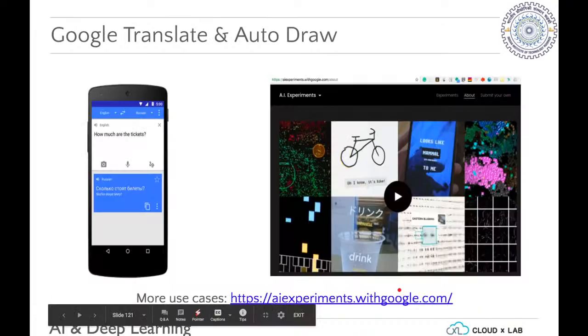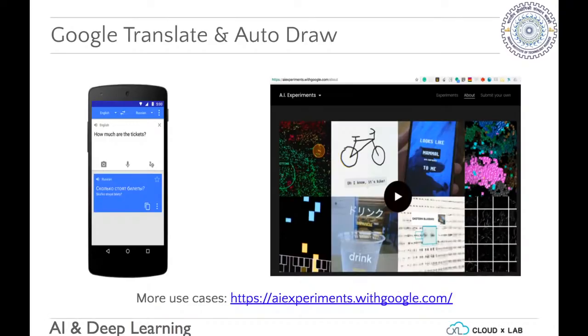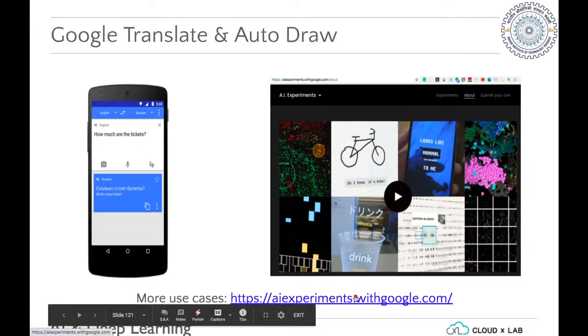All right. There are other more detailed use cases. You can take a look at AI Experiments with Google. You'll find lots of use cases.